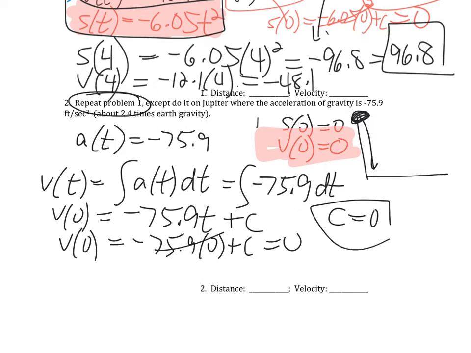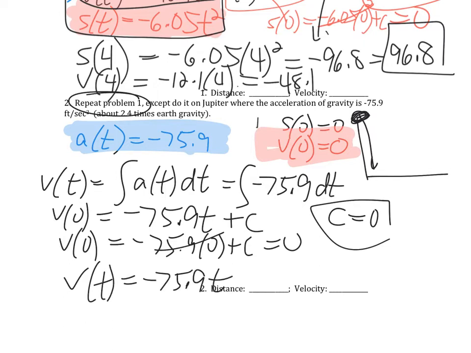So our acceleration is negative 75.9. Our velocity is going to be negative 75.9 t.